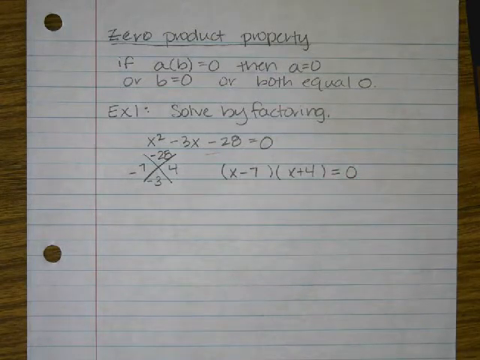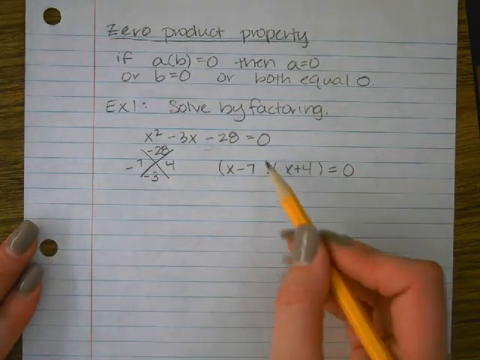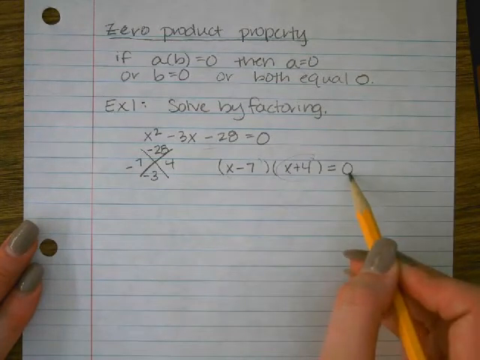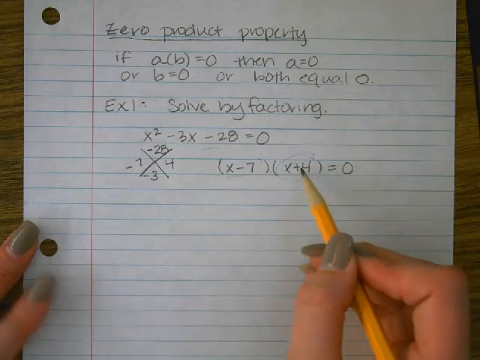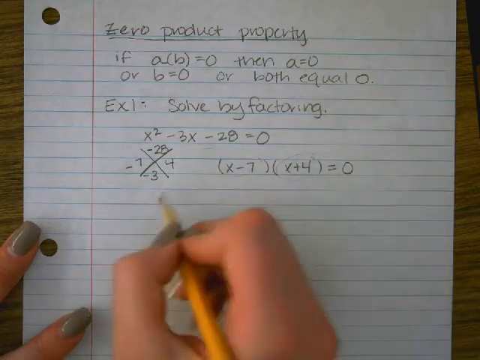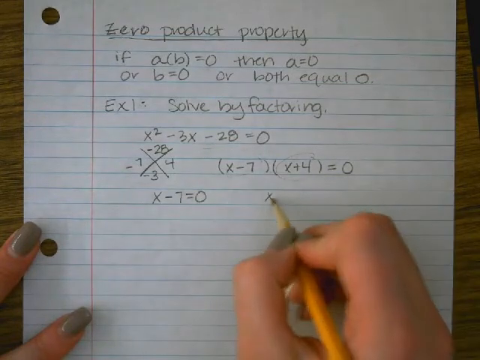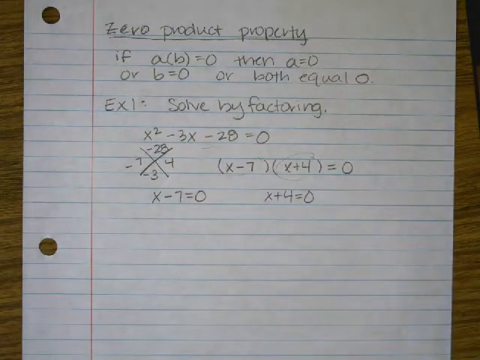Right? So this is the point where we use the zero product property, because this right here says one number times another number equals 0. You guys see that? So this represents one number, this represents another number. So we have two options. It could be that the first one equals 0, or it could be that the second one equals 0, or it's possible that both of them equal 0 at the same time. All right?